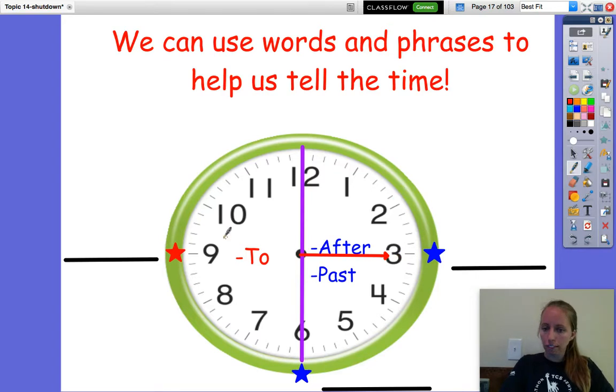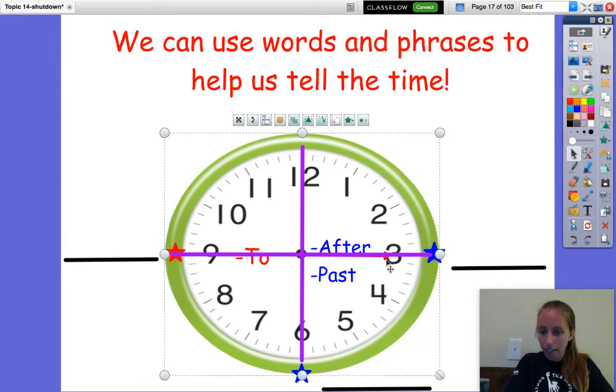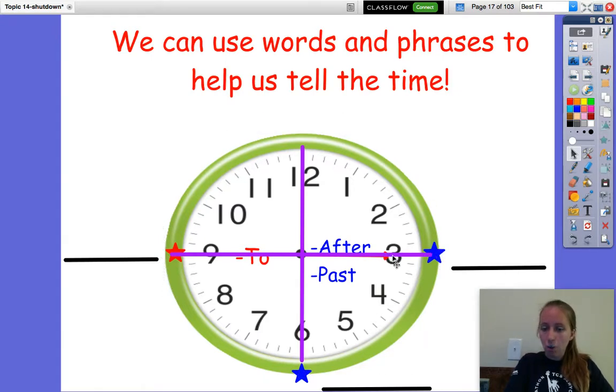And the reason it's a quarter after or a quarter past is if we were to draw a line right across it, I just divided this clock into 4 pieces, right? And when we break something into 4 pieces, another word for 4 pieces is a fraction, right? So it's 1/4. So when the minute hand is on that 3, like this minute hand is right here, it's a quarter after.